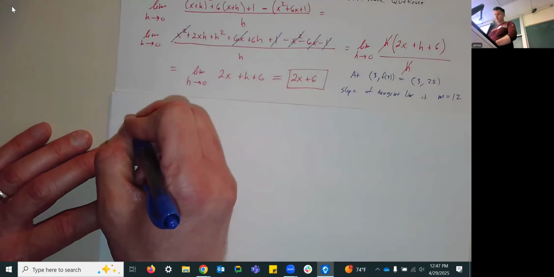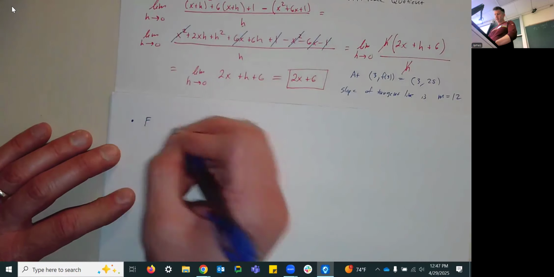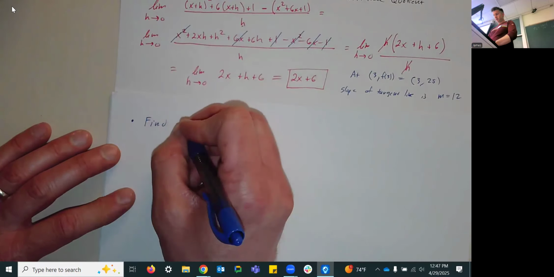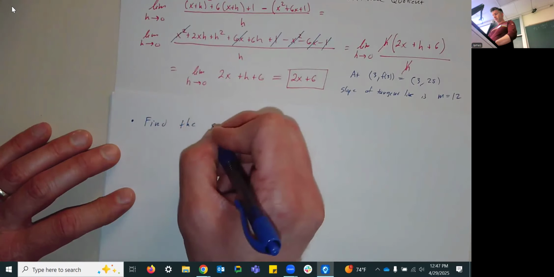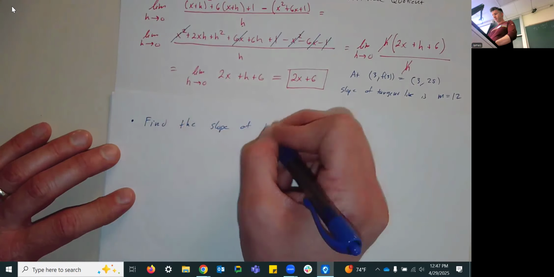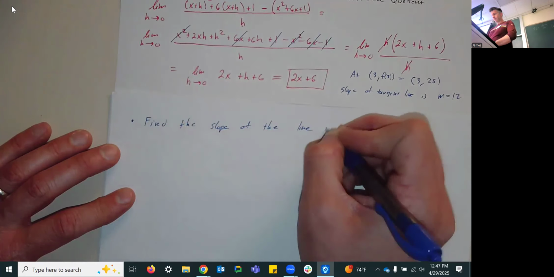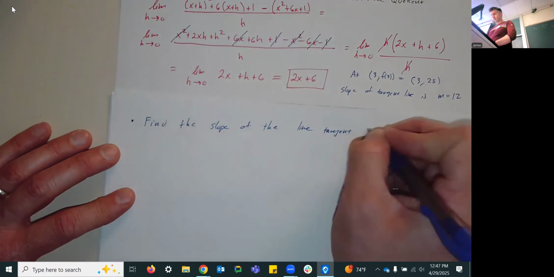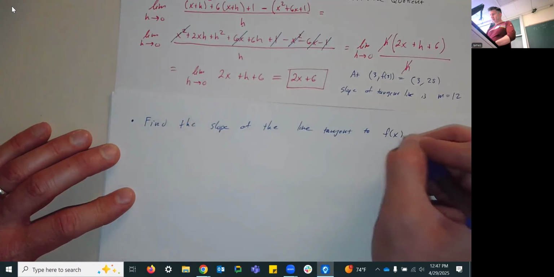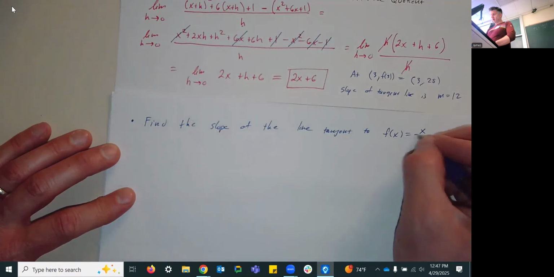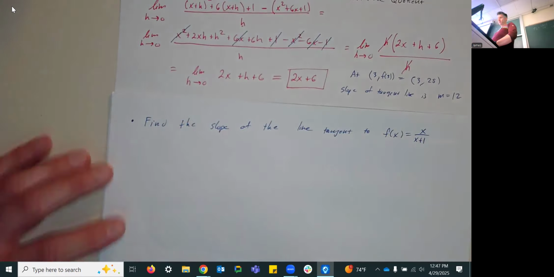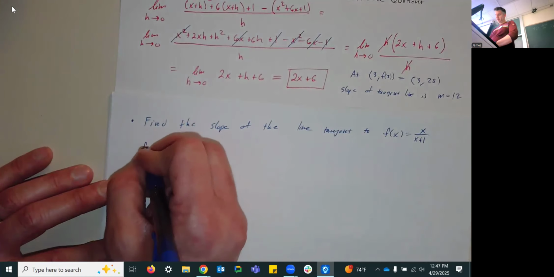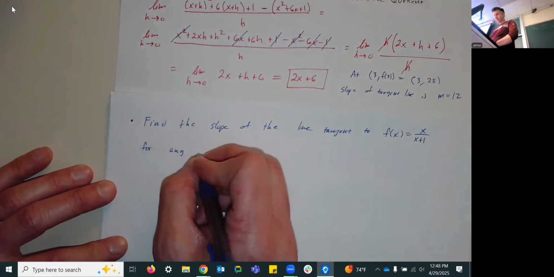So we're going to find the slope of the tangent line to f of x equal to x over x plus 1 for any x.